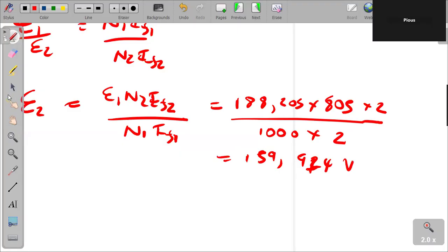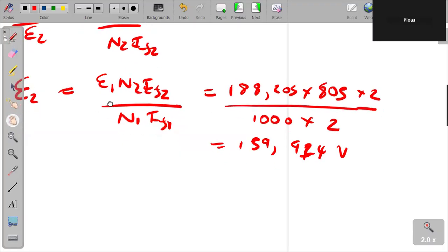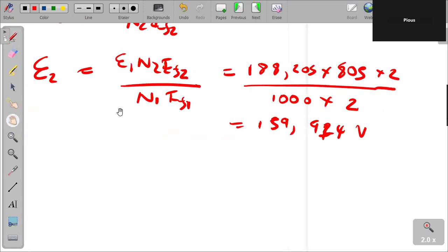Then we can go into the formula to substitute, but we also need the current. From the information we've been given, the torque is now 80% of the full load torque. It means T2 is now equal to 0.8 of T1. What is our T1, the torque at full load, remember?